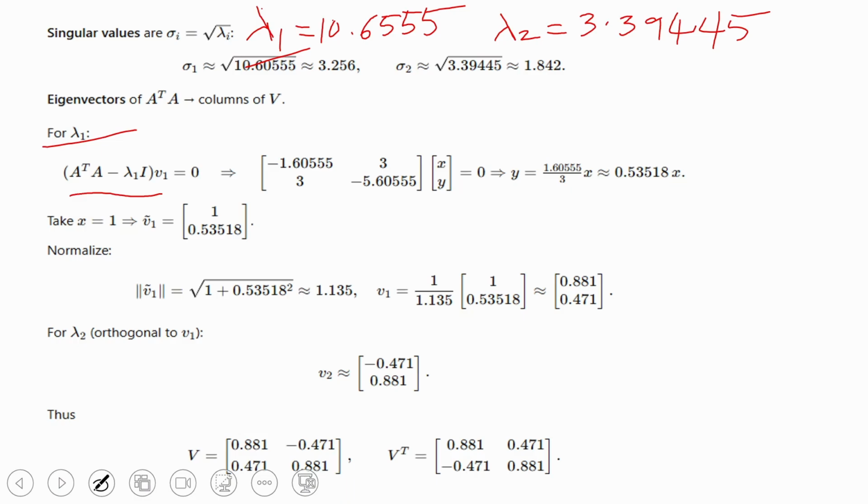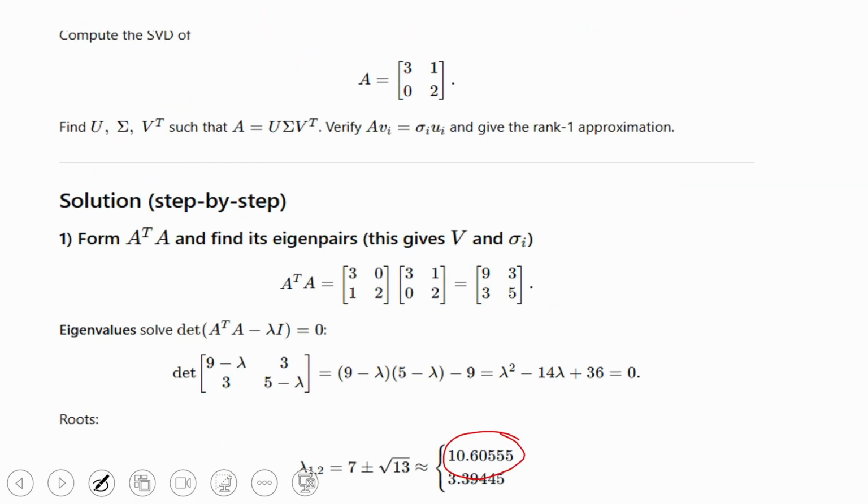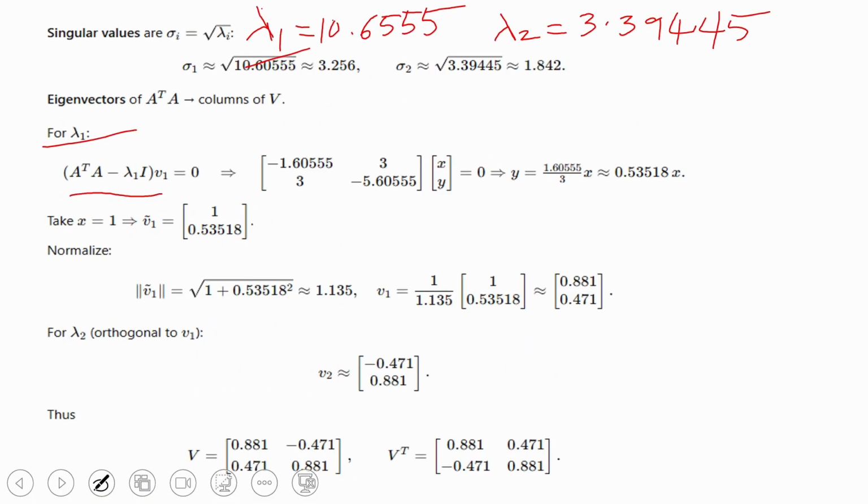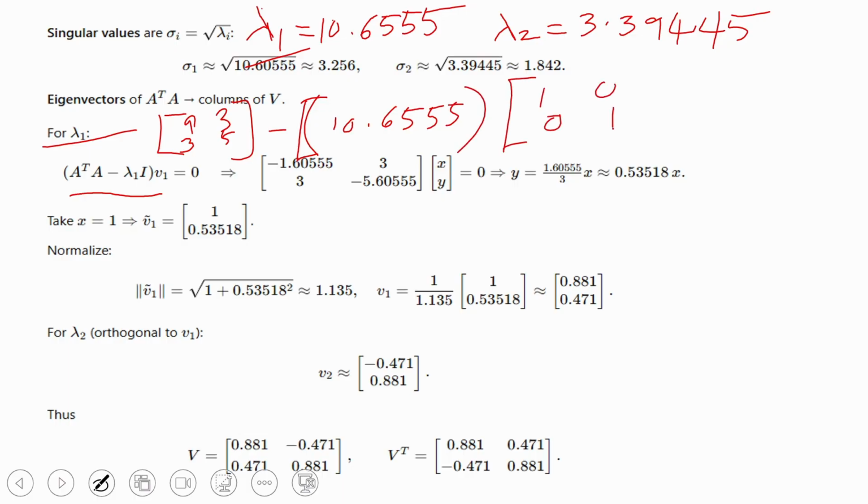A transpose A is 9, 3, 3, 5, minus 10.6055 into I, which is 1, 0, 0, 1.